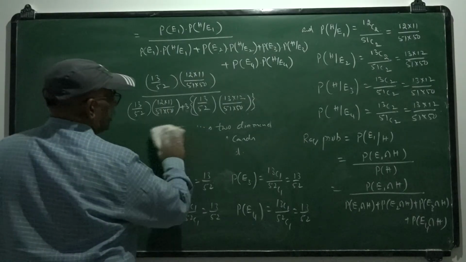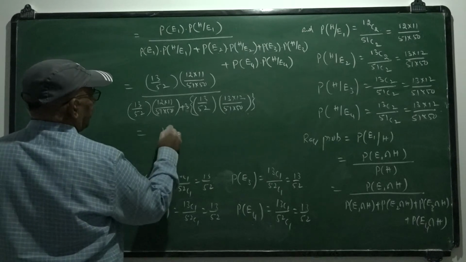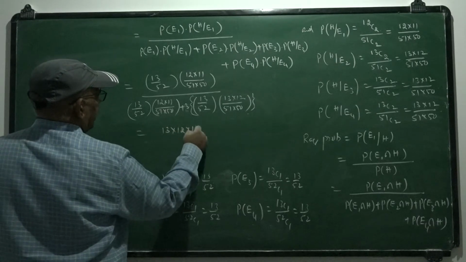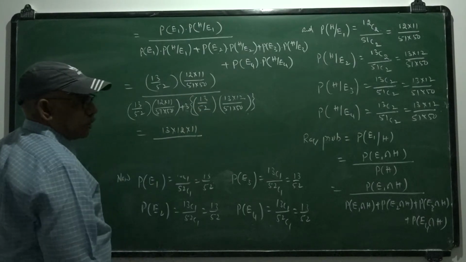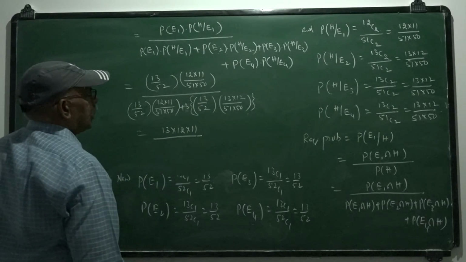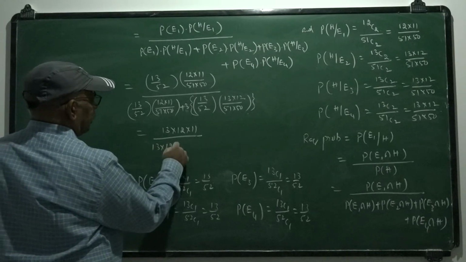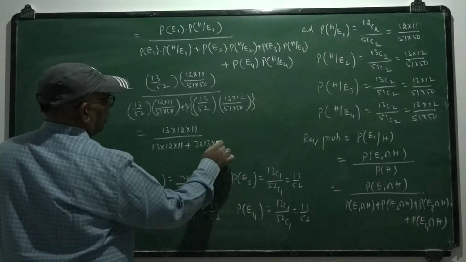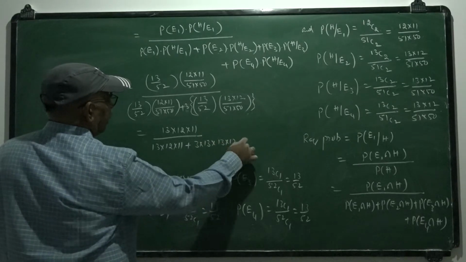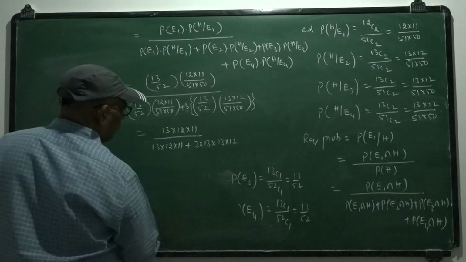So the required probability is here. On cancellation of the denominators, 52 into 51 into 50 in all the terms, we get 13 into 12 into 11 by 13 into 12 into 11 plus 3 into 13 into 13 into 12. This is the required probability.